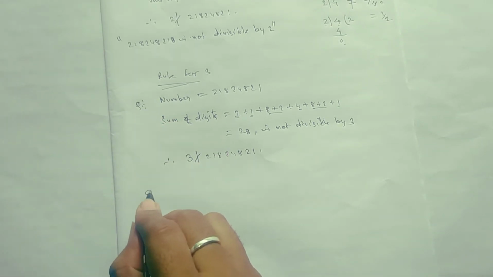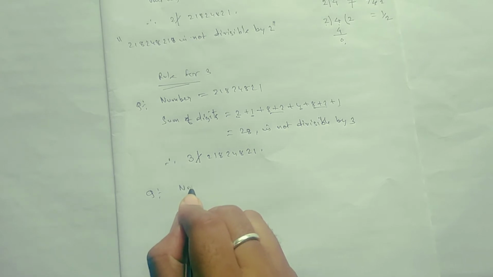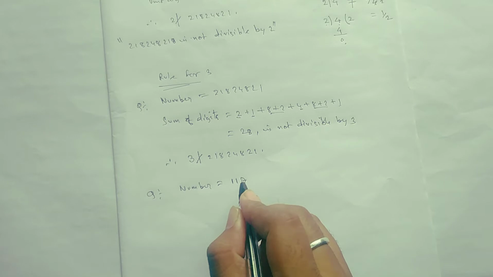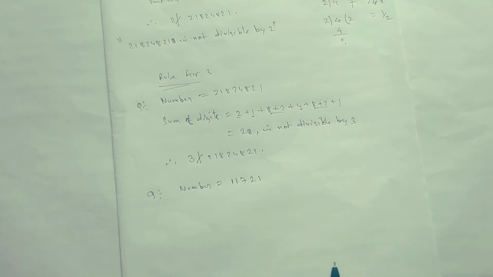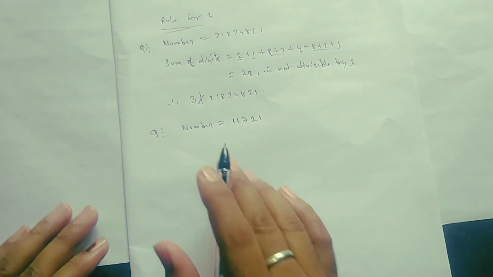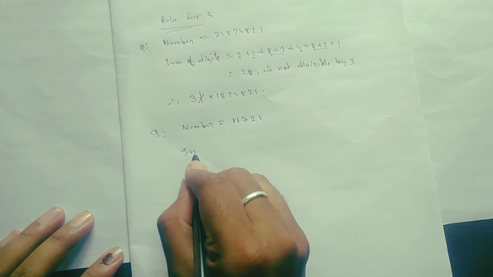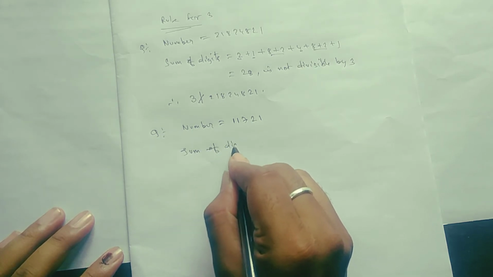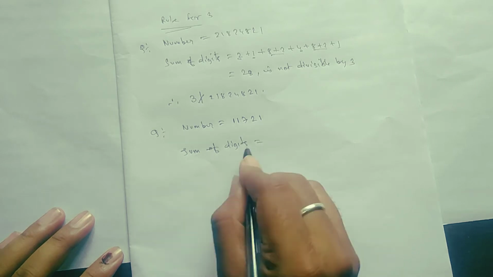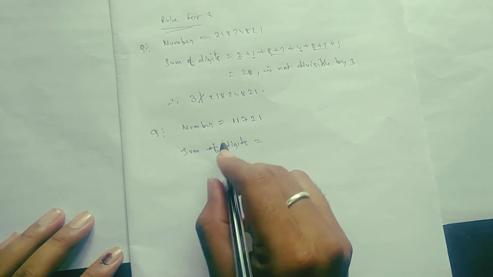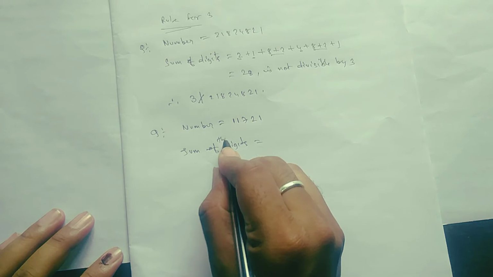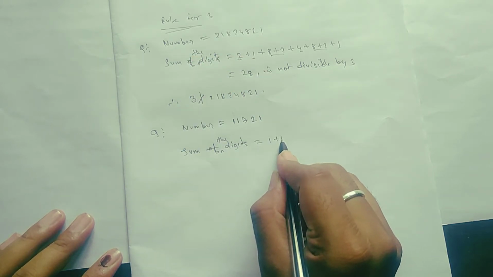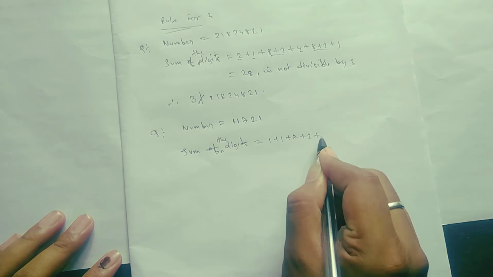Let's take another problem related to this. Like if I take the number 11721. Now sum the digits of this number. Sum of the digits equals 1 plus 1 plus 7 plus 2 plus 1.